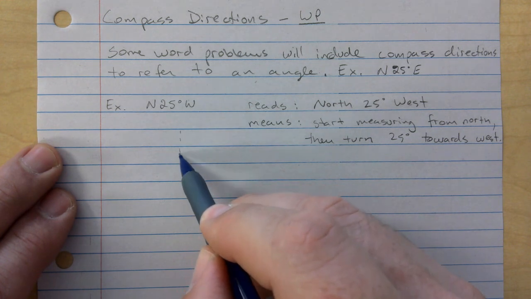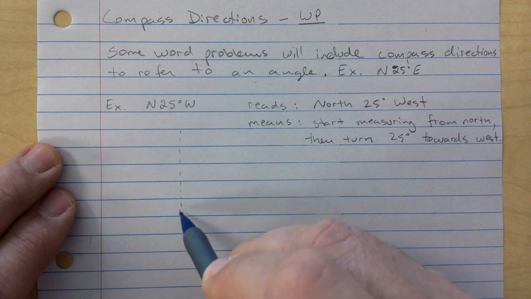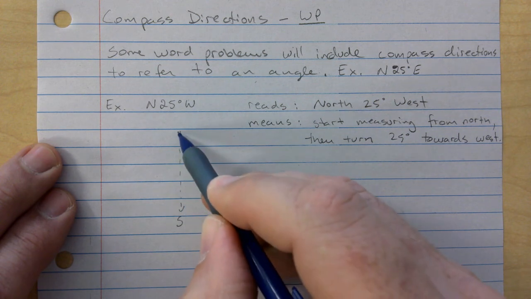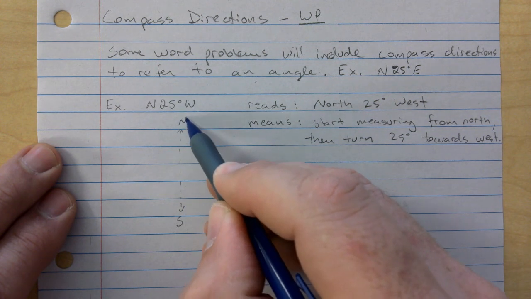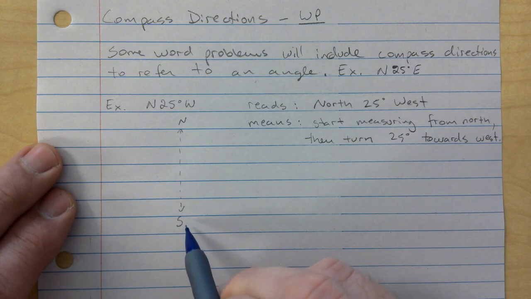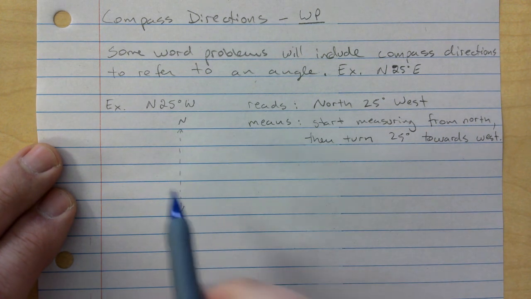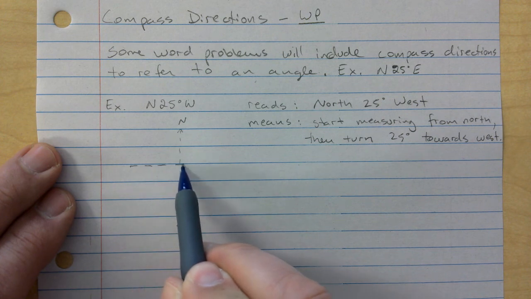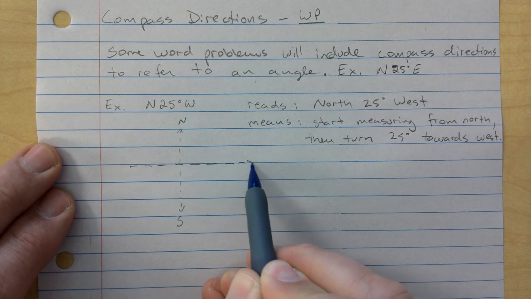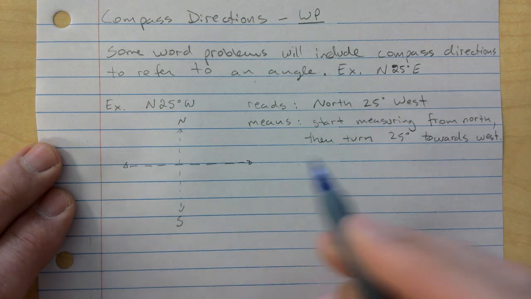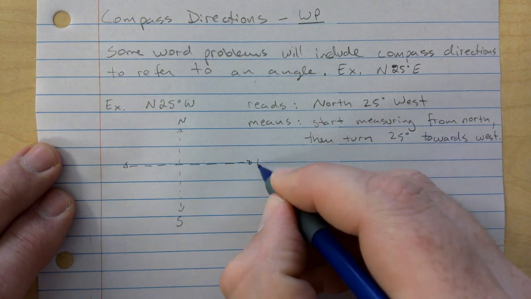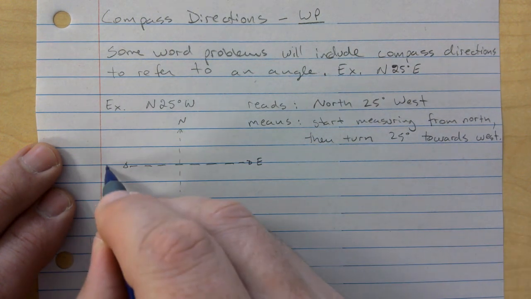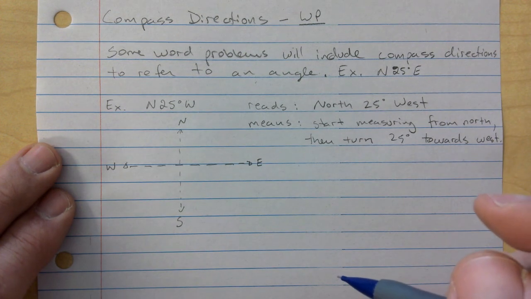You have your vertical line, which stands, right? You have north on one end and you have south on the other end. So just make a vertical line. And then we're going to have a horizontal line crossing it like this. Okay, so you have east to the right and you have west to the left.